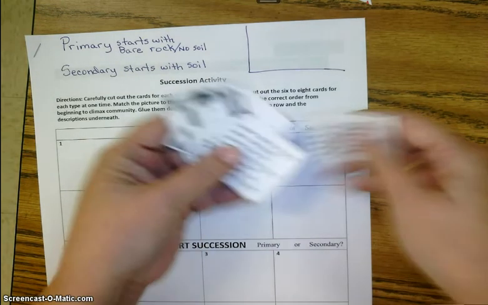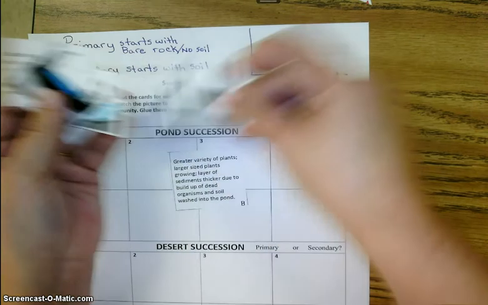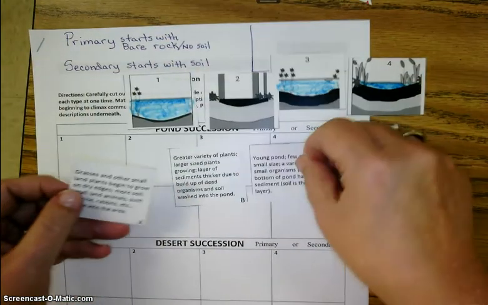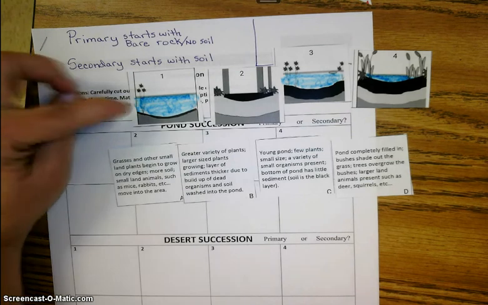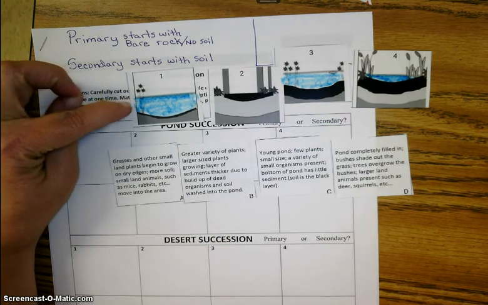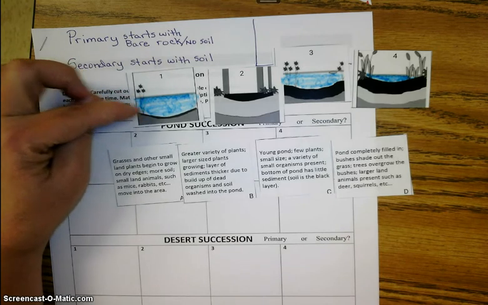And I've already got them cut out. I'm just going to put them in the order that they were originally on your page. All right. And I went ahead and colored in where the water is. You don't have to color it in, but I just wanted you to realize that top layer is water.